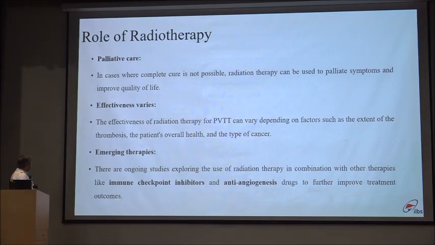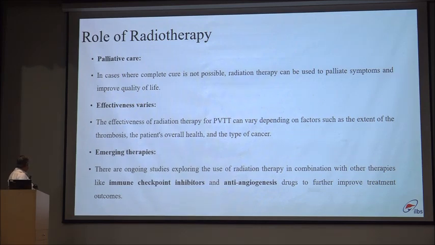Radiation therapy can be used to palliate symptoms with improved quality of life. The effectiveness of radiation therapy for PVT can vary depending on factors such as the extent of the thrombosis, the patient's overall health and the type of cancer.